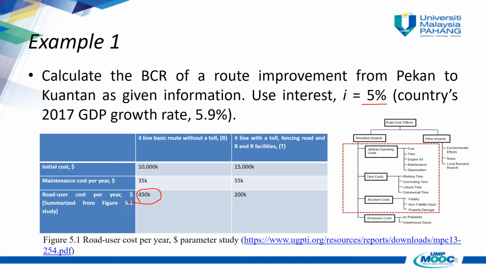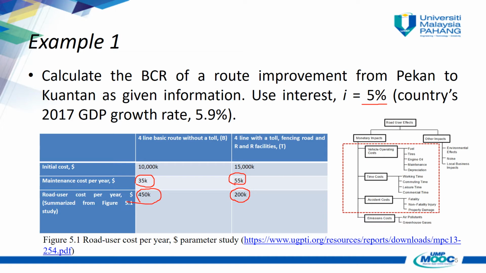However, if you use a 4-lane with a toll fencing road together with R&R facilities, the road user cost will become 200,000. And then there is a maintenance cost per year of 35,000 for the 4-lane basic road without a toll, and 55,000 for a toll lane.